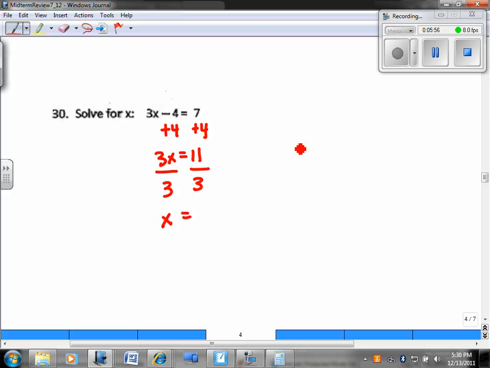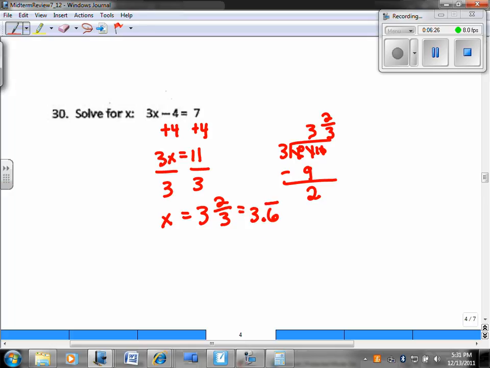X is equal to, well, how many times does 3 go into 11? 3 goes into 11 3 times. 3 times 3 is 9. 9 from 11 is 2. So we have 3 and 2 thirds. So x is 3 and 2 thirds, which is equal to 3.6 with a line over the top. That 6 goes on forever.